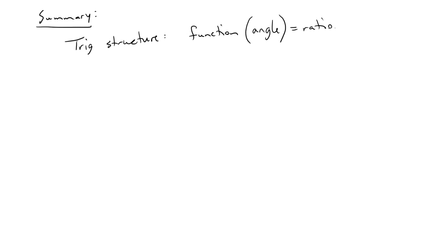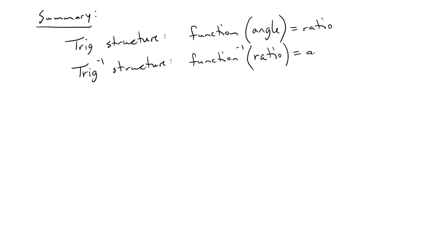Okay? If you look at the trig inverse structure, then you have your inverse function, but the ratio is now your input, and the angle is your output. Okay? So this is useful if you want to calculate an angle. Take the inverse trig function with the ratio as the input.